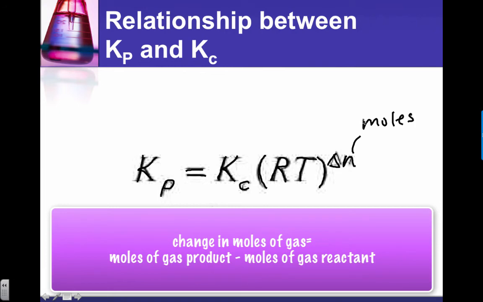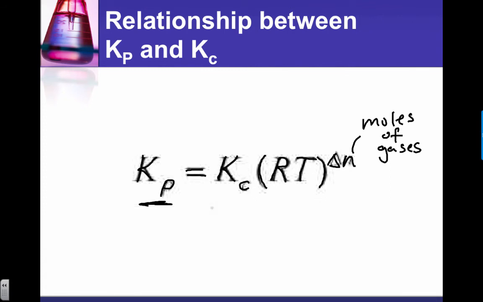Not moles of anything else, only gases, so that we can calculate Kp based on the partial pressures of whatever gases are involved. So we can turn one into the other, but we cannot use one expression in the place of the other because they're not exactly the same.